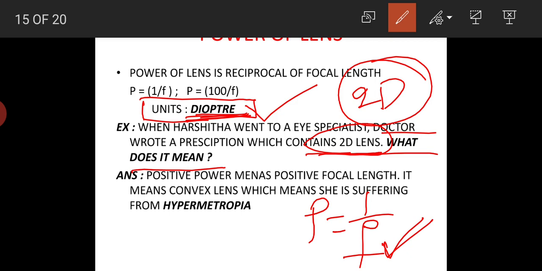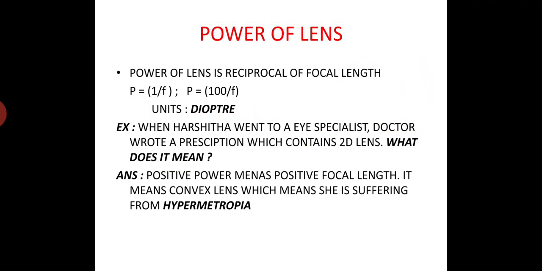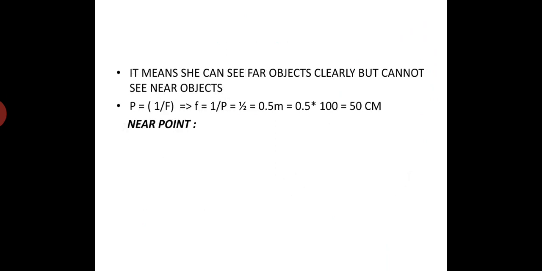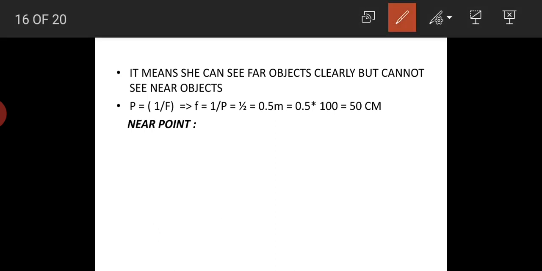When she is using a convex lens, it means she is suffering from hypermetropia. Now first let us find the focal length of the lens. Power is equal to 1 by f, so f is equal to 1 by p, and p is 2 diopter, so 1 by 2 is 0.5 meters.